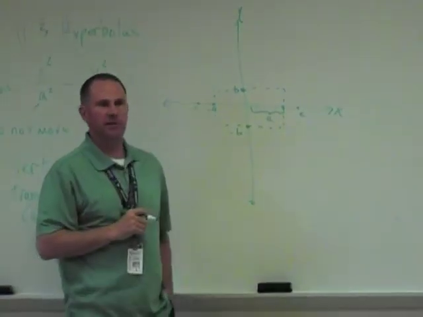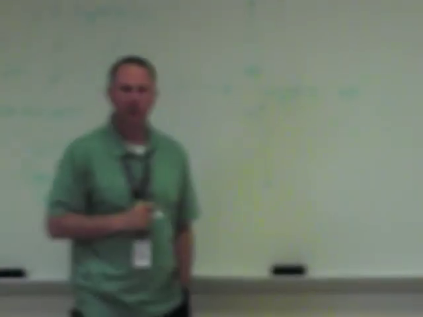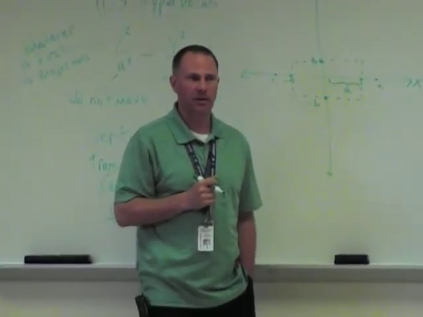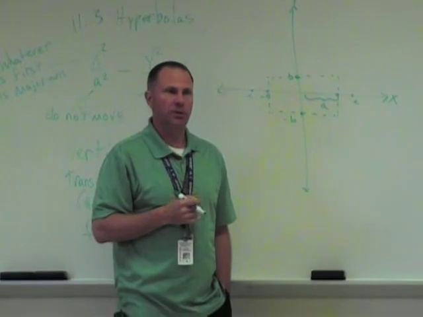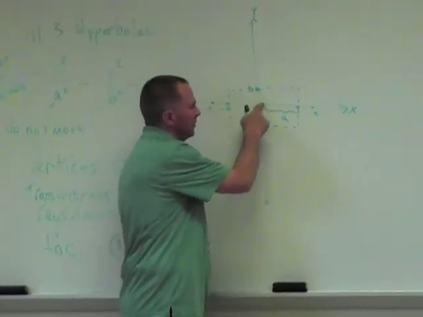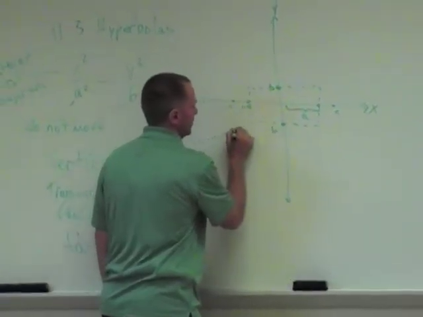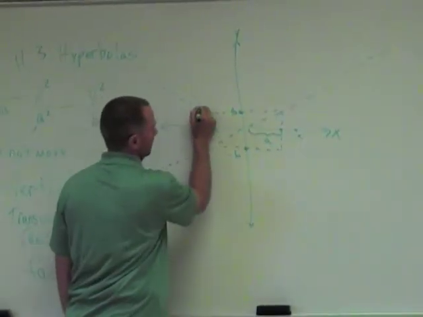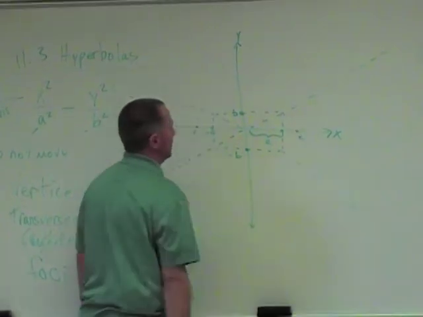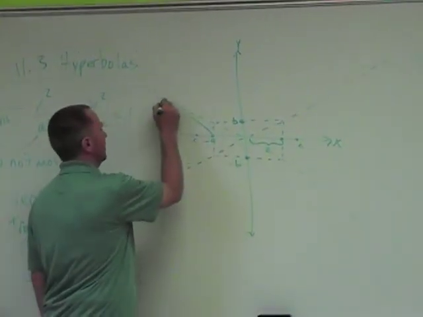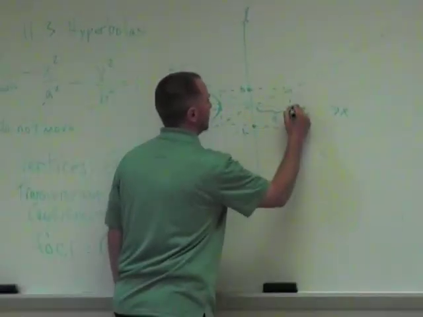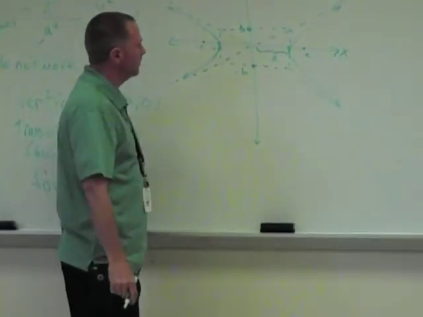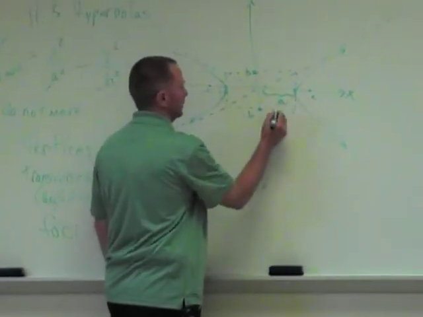Who remembers drawing the box? What was the purpose of drawing the box? The asymptotes. Asymptotes go through the center and also through your corners. So this told you how fat or skinny your hyperbolas were. Okay, so this is your picture, but we're going to take some things from the picture.